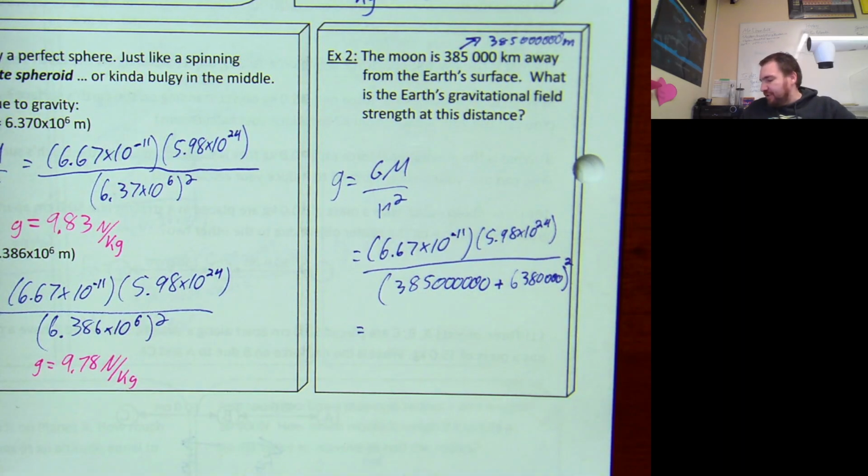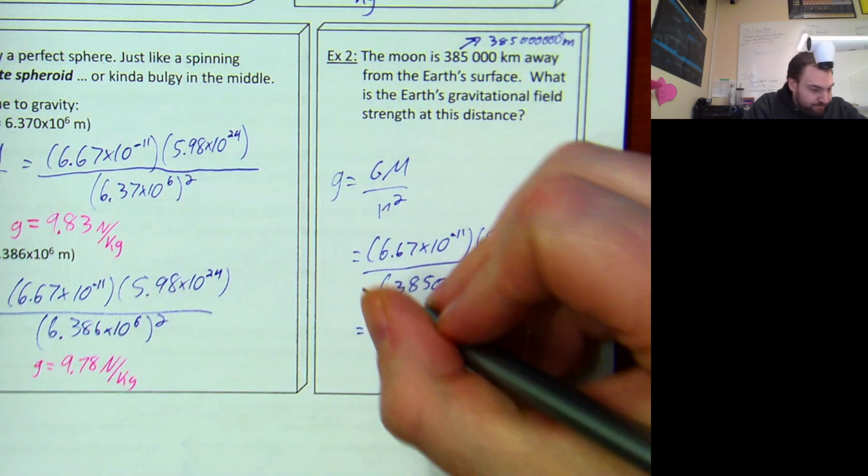Maybe I should calculate this one too. 6.67 e negative 11 times 5.98 e 24 divided by 385 million plus 6.38 million, squared. What we got? 0.0026.